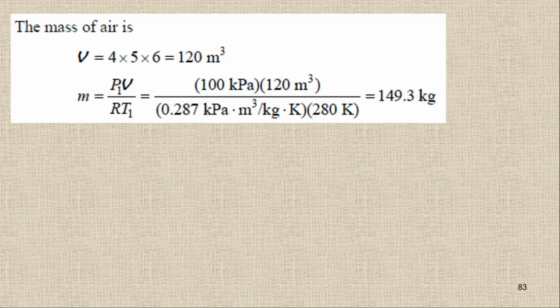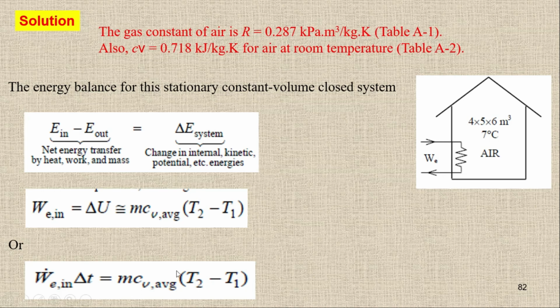So M equals P1 V1 upon R T1. P1 is 100 kilopascal. V1 is simply 4 times 5 times 6, which is 120. The R value is given, and this is the temperature value. So I get the mass of the air, which is 149.3 kilogram, and then we simply put it in this equation, and then you will get the electric work.